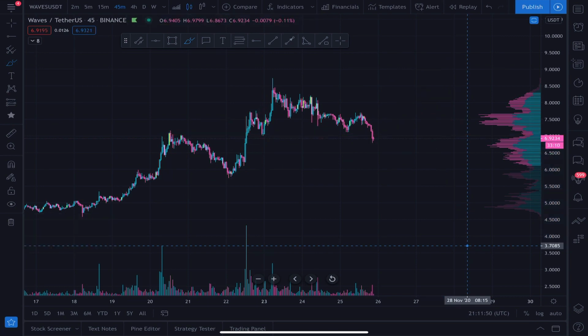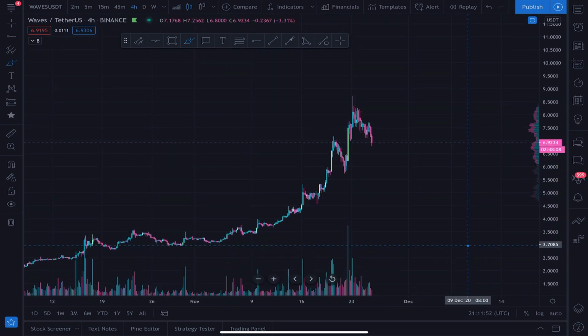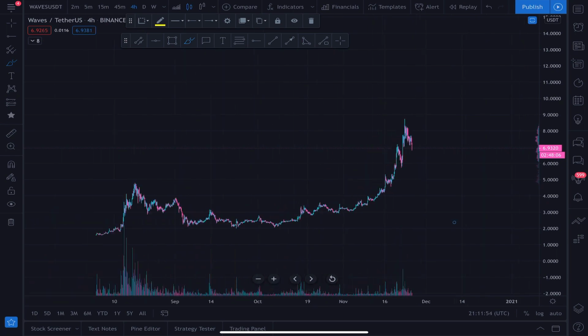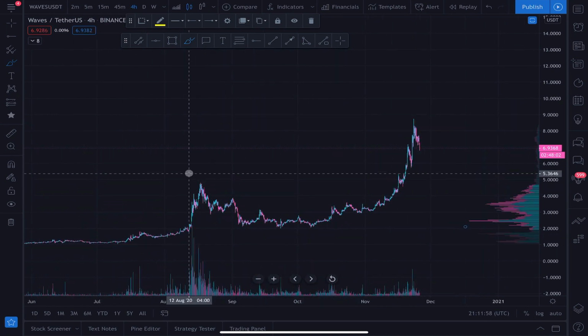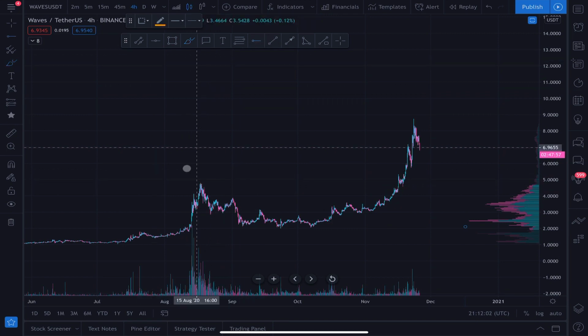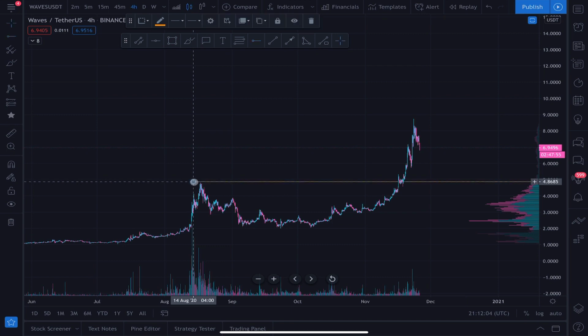Let's zoom back out. Let's go to the 4 hour for this one. So not a lot of structure. The biggest support zone that we have is this area back here. So let's just draw on the peak. We can see that we peaked out there. This was also consolidated on top of, so I like a consolidation on top.